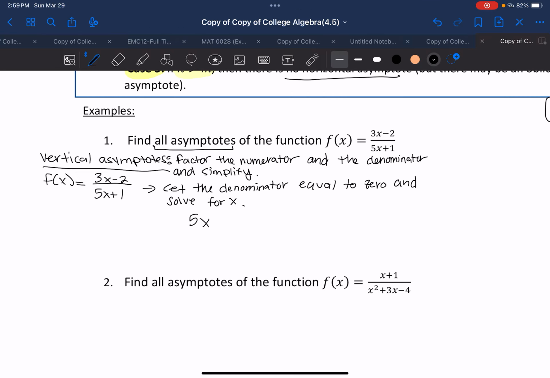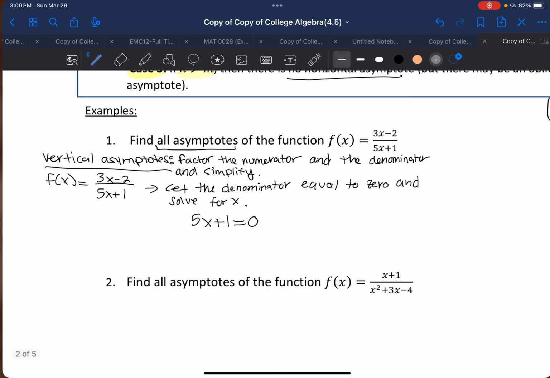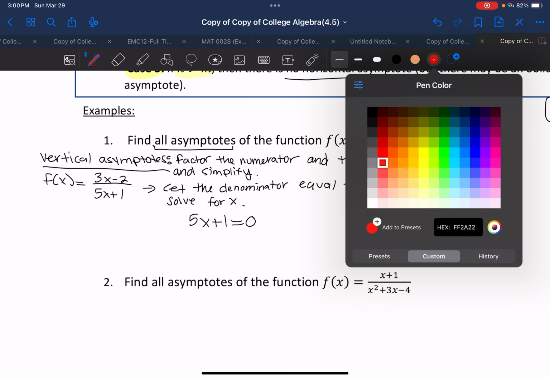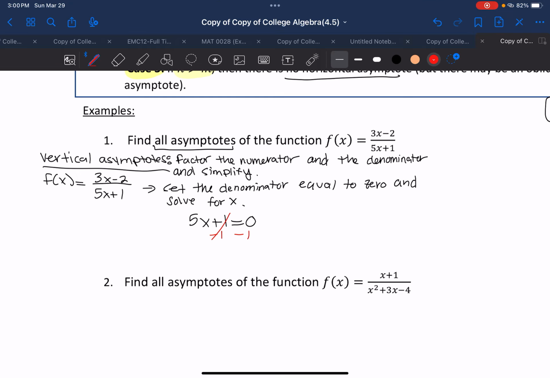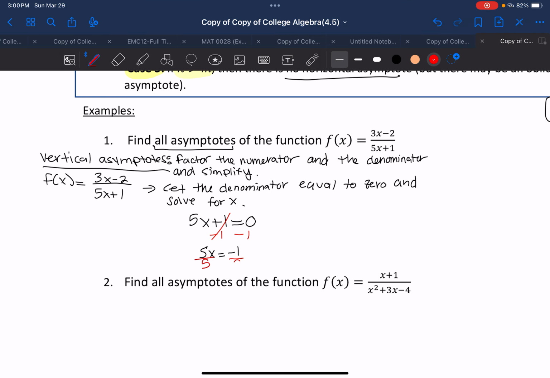So I take 5x plus 1 and set it equal to 0. Subtract 1 to both sides. And then divide both sides by 5. So x equals -1/5 is my vertical asymptote.